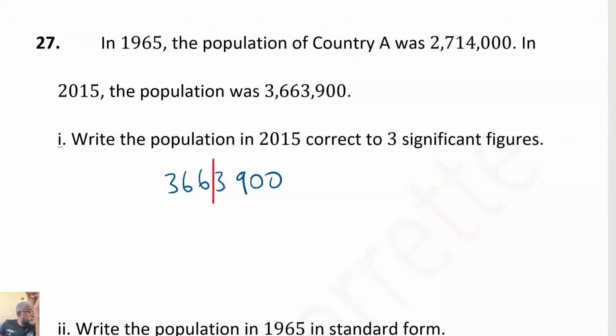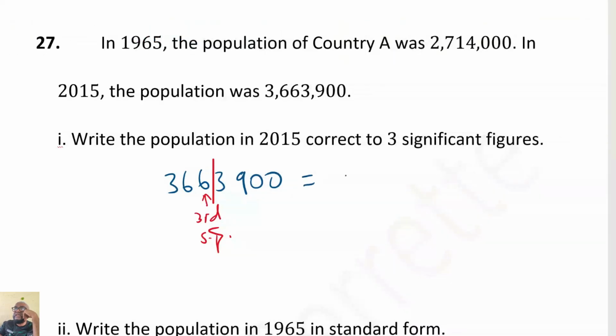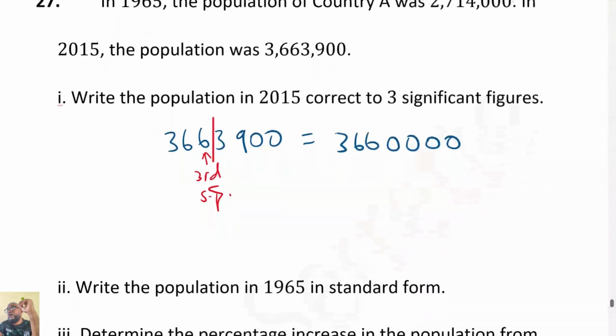If the number after the cut-off is 5 or greater, you add 1 to the third significant figure. This is the third significant figure. Is the number after it 5 or greater? No. So 3 significant figures will be equal to 366, and everything after the cut-off changes to a 0. Everybody good there? That's all the answer there.